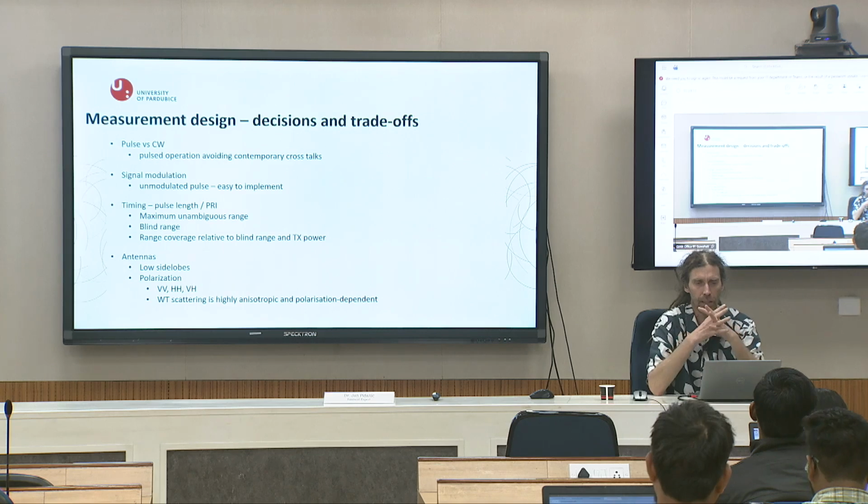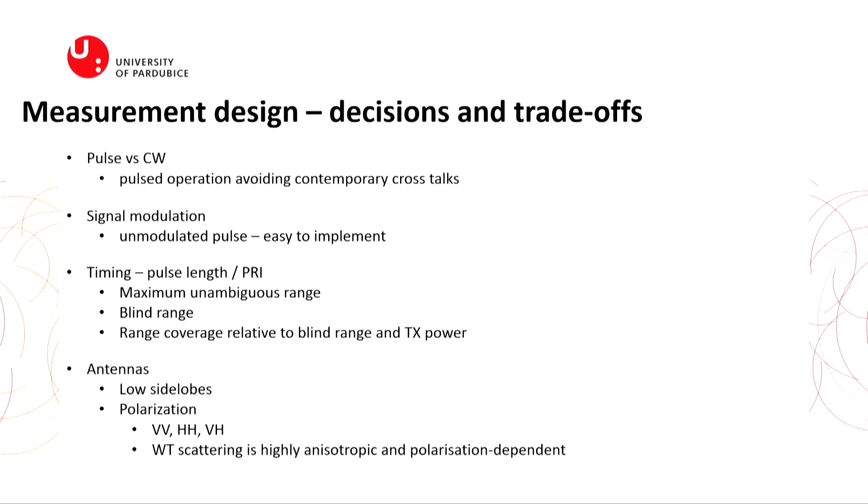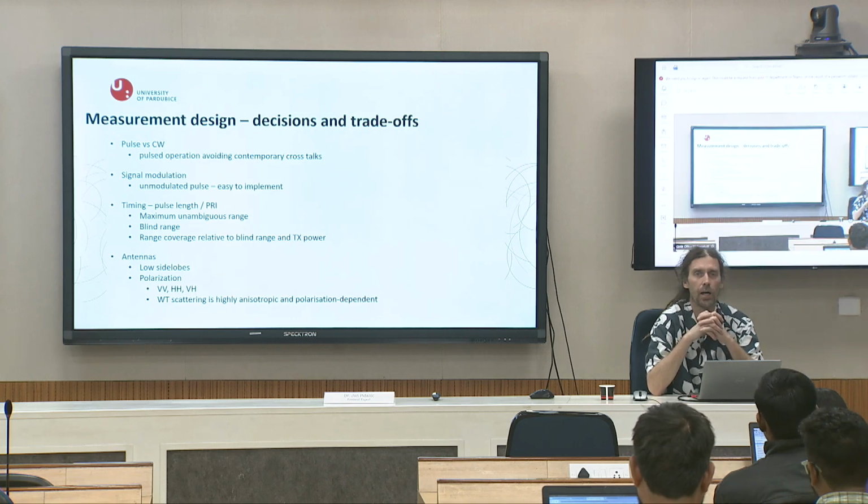So, what were the decisions and trade-offs about our measurement design? Pulse or CW? We use just pulse operation, avoiding simultaneous crosstalk, and it is also similar to a primary radar pulse system, so we use pulse. You could use a design with CW, continuous wave, or FMCW, it is up to you.